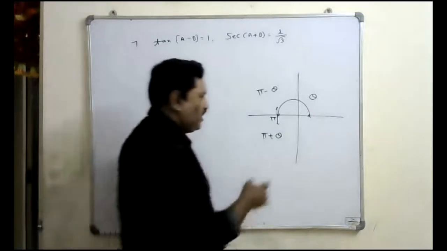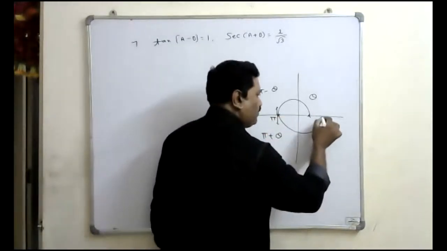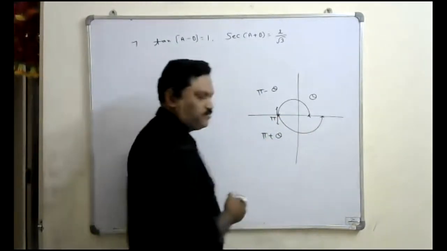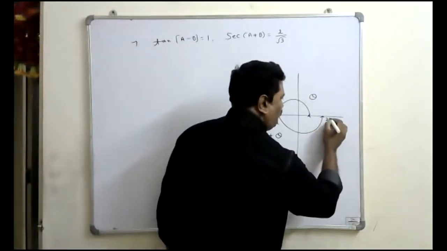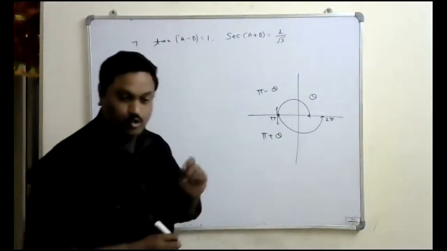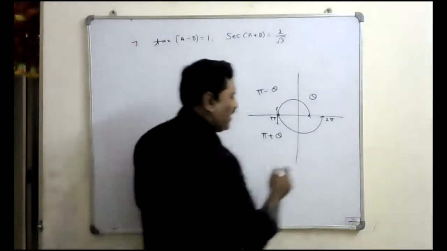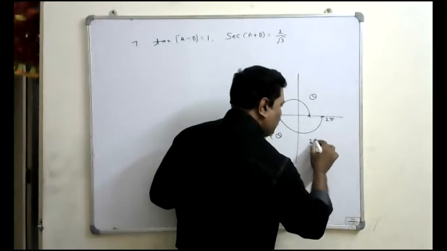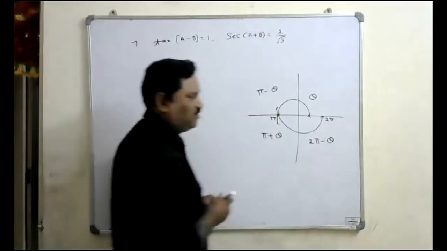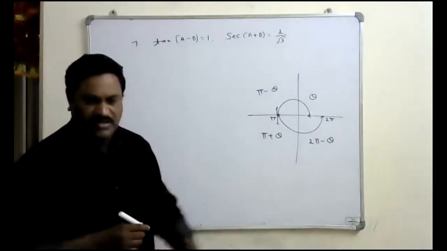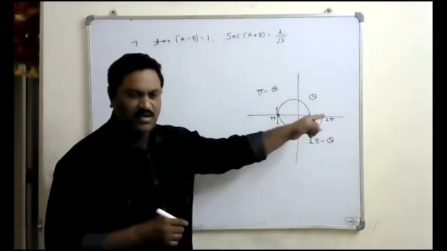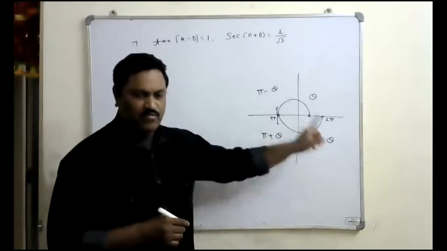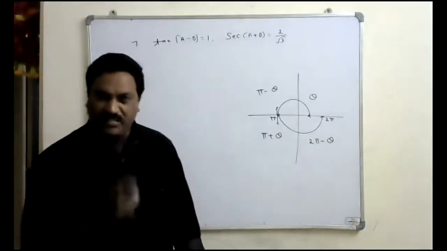Similarly, further if I move up to here, what is this angle? 360, that is 2 pi. 2 into 180, that is 2 pi. So if you want to consider the angle in the fourth quadrant, consider that as 2 pi minus theta. So remember that. First quadrant, theta. Second quadrant, pi minus theta. Third quadrant, pi plus theta. Fourth quadrant, 2 pi minus theta. Like that we have to consider.